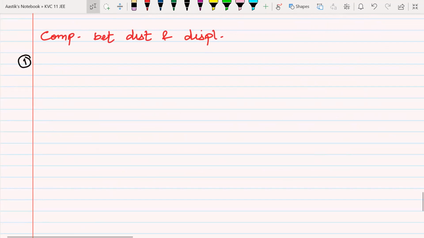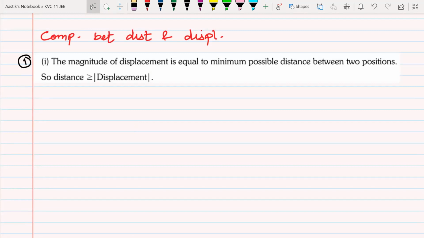And then we will discuss some important points here. The first point, everyone has heard about this. The point says that the magnitude of displacement is equal to the minimum possible distance.